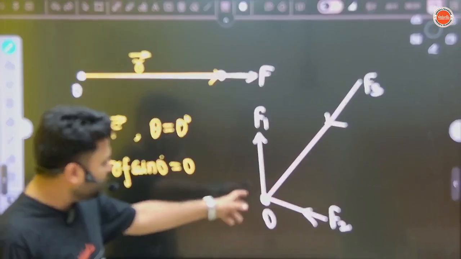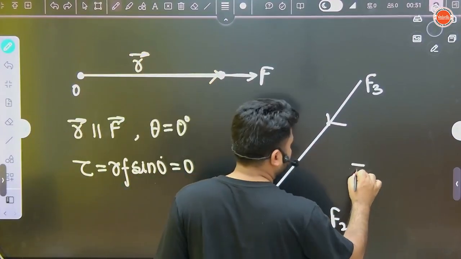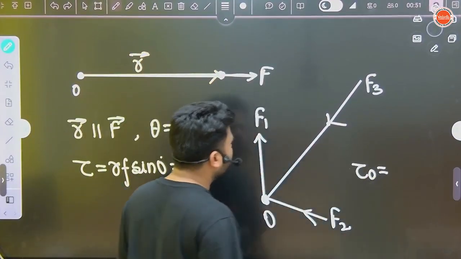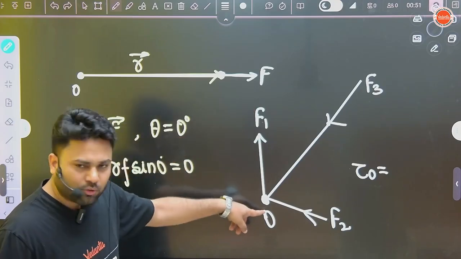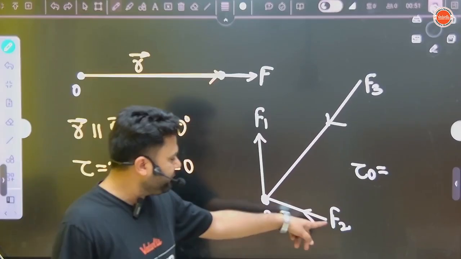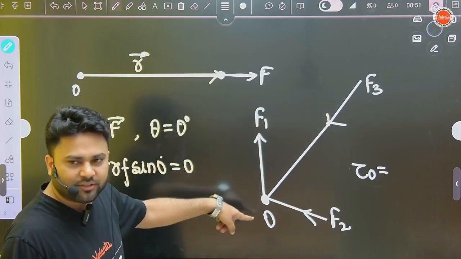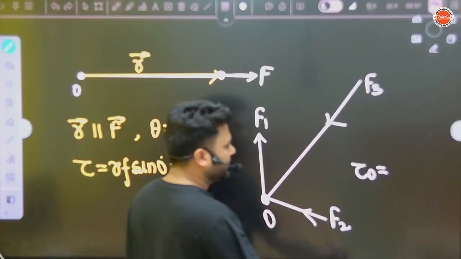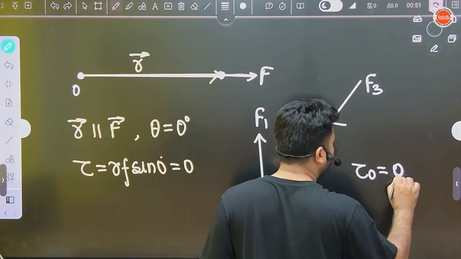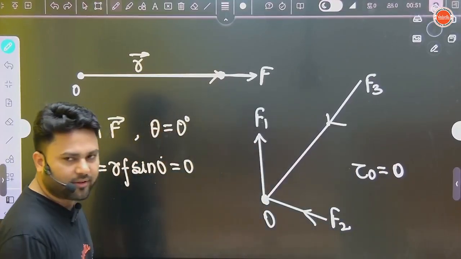They will ask what will the torque about O. So see, all these forces, that F1 is also passing through center of rotation, F2 is also passing through center of rotation, and F3 is also passing through center of rotation. So there will be no torque. Correct?